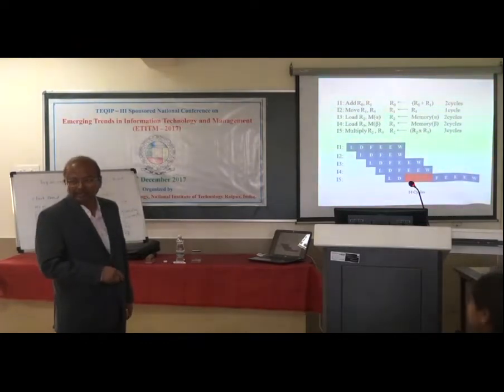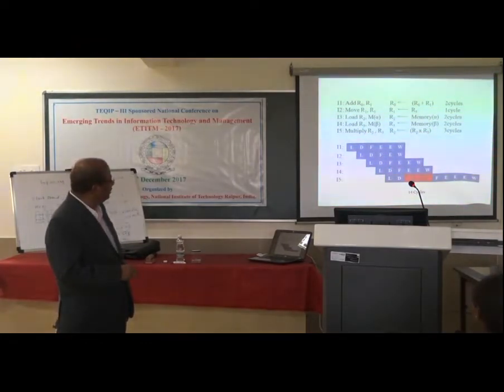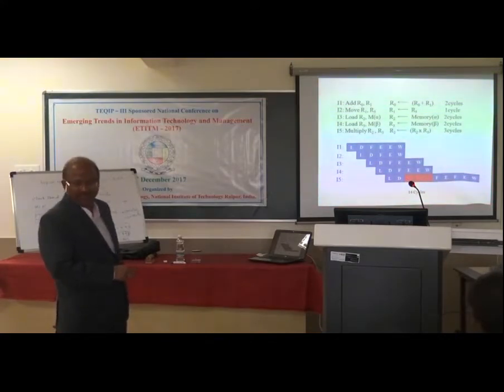In the pipeline, when the result of I4 is written in R3, then only I5 should fetch that result, otherwise it will fetch a wrong result. Suppose you give this fetch here, it will definitely read some incorrect value.